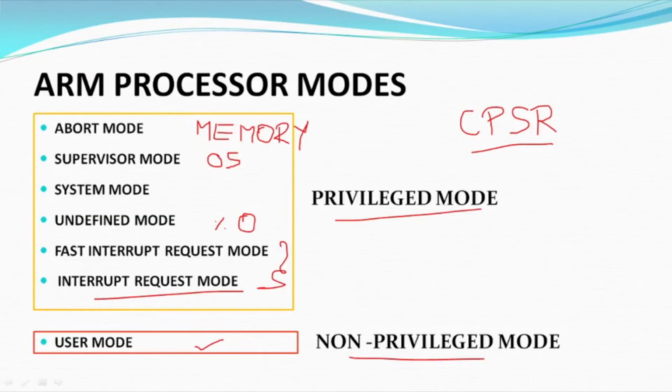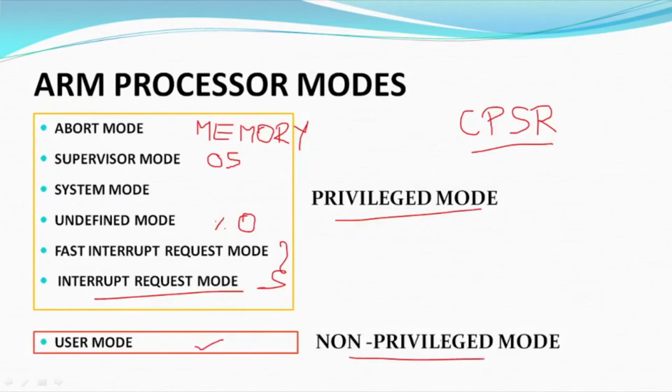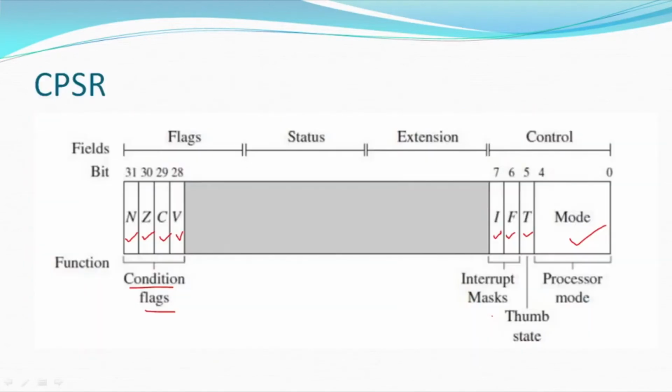In case of privileged mode, let's assume your ARM processor exists in any one of these modes, then it can jump to another mode by modifying the content in the mode bits. But if it belongs to non-privileged mode, it doesn't have this particular authority.